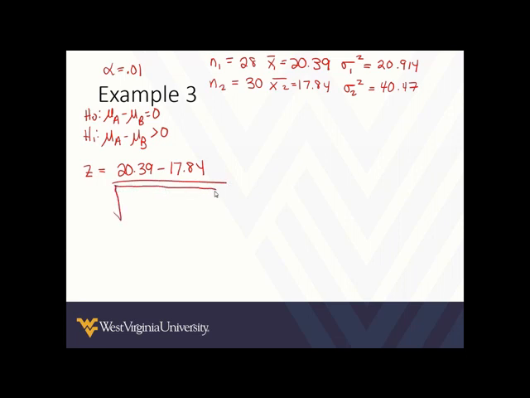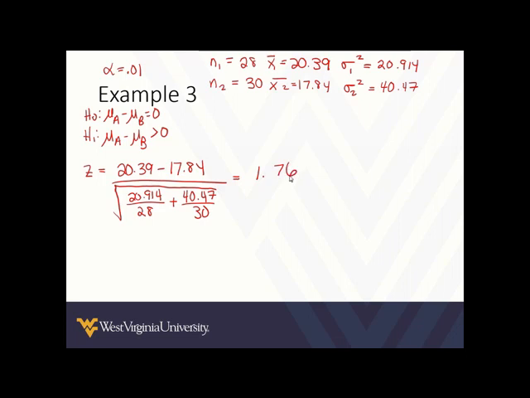All over the square root of 20.914 over 28 plus 40.47 over 30. By plugging this into our calculators, we would get a Z statistic of 1.76.